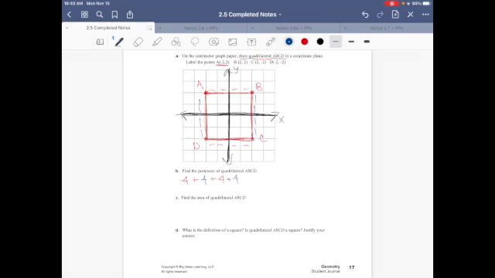Right? So our perimeter, we just add up all the sides. All the sides were 4, so that's going to be 4 times 4, or 4 plus 4 plus 4 plus 4 is 16 units.